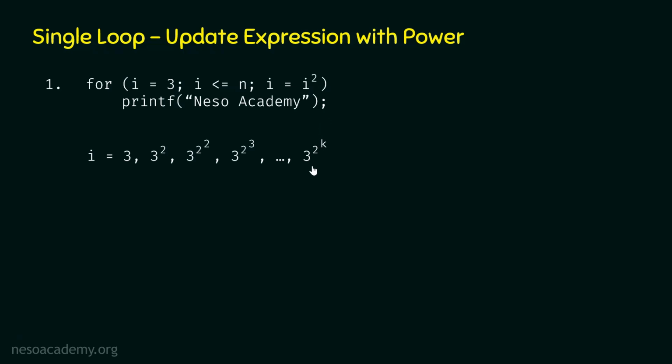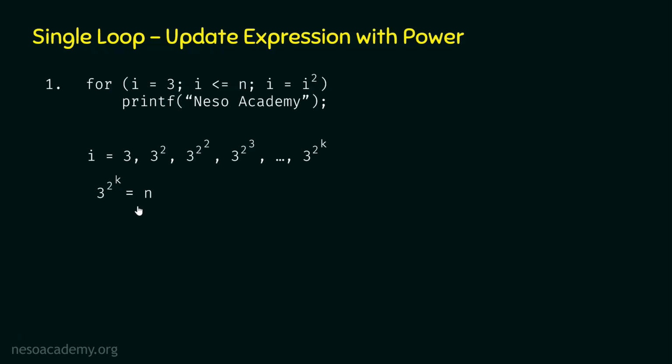We assumed that 3 power 2 power k is equal to n. So this equation will help us in finding the time complexity of this loop. We need to now find the value of k in terms of n. Let's do this now. Let's solve this equation.